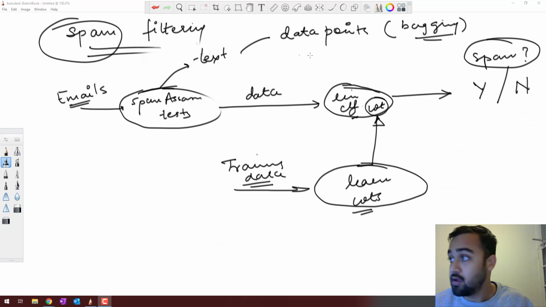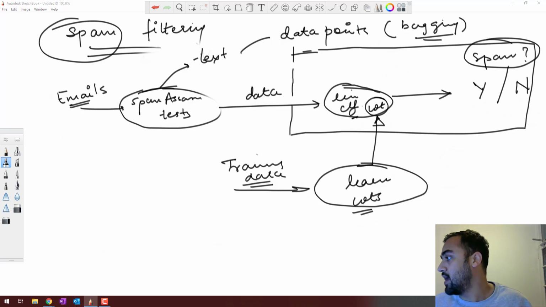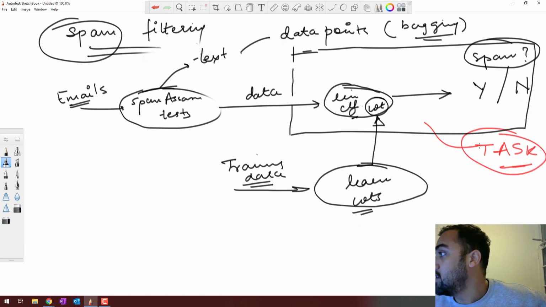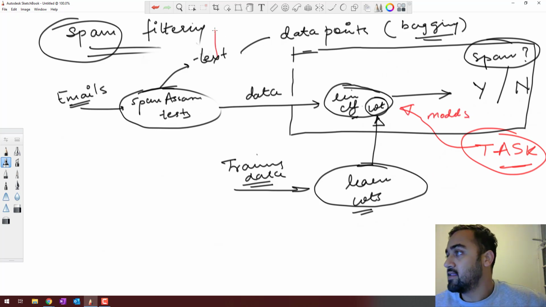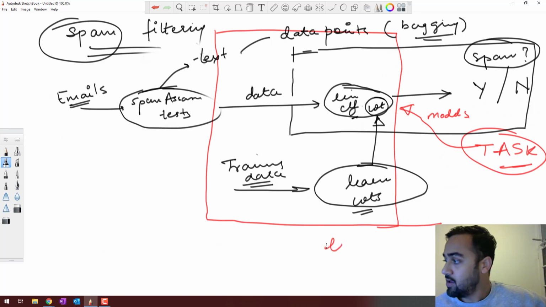Now, this part where your classifier has to classify your email as spam or ham is called the task, right? So tasks are addressed by the models, right? And this part of learning the weights and providing these weights to the linear classifier is called the learning problem, right?